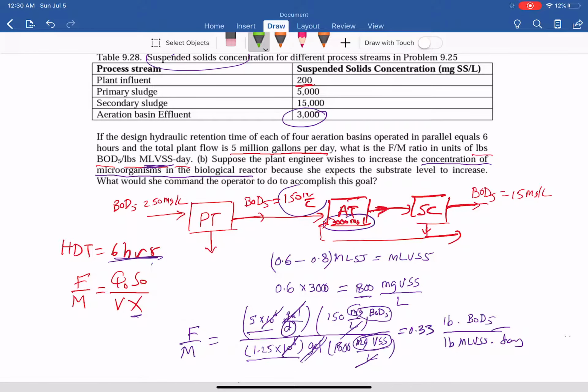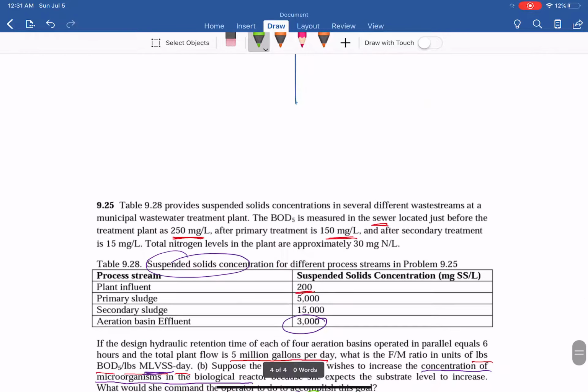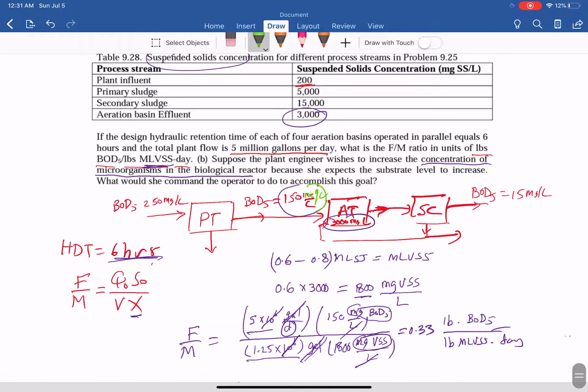She thinks this BOD coming up to the plant will increase. She wants to increase the bacteria or the microbes to match the food coming to the system. What would she command the operator to do to accomplish this goal?